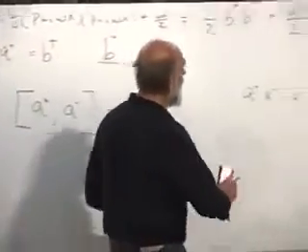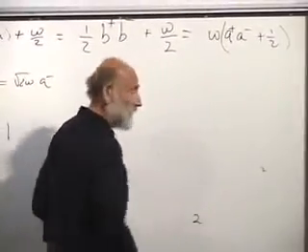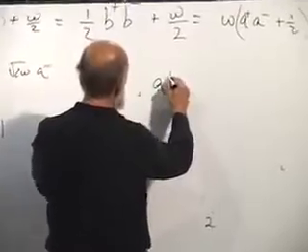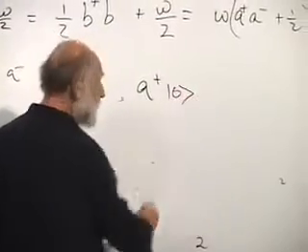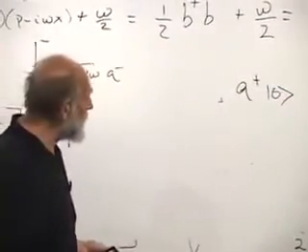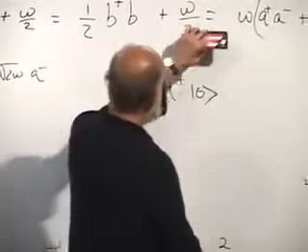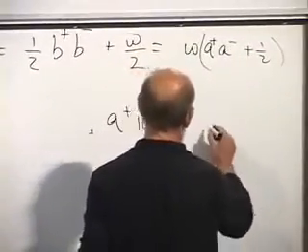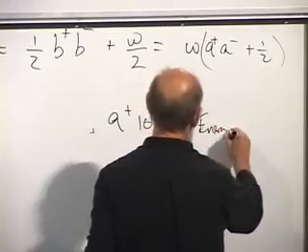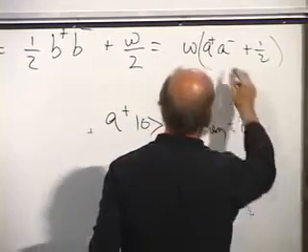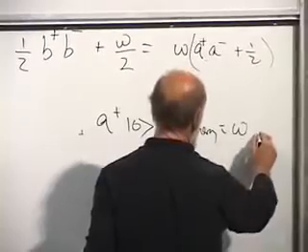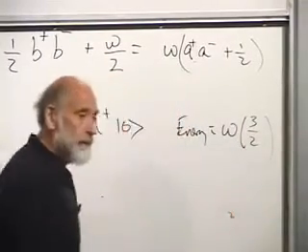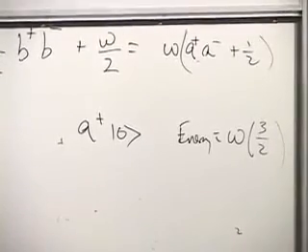We have found a second eigenvector of the Hamiltonian, which is equal to A plus on O. We'll figure out what its wave function is in a moment, but the energy associated with it is omega times 1 plus 1/2, 3/2 omega.